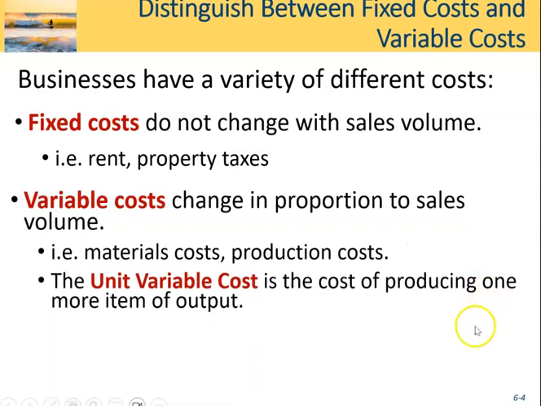Whereas variable costs change in proportion to sales volume. So production costs, material costs. Again, if I either make or buy the highlighters that we're selling, every time I sell a highlighter, then however much it cost us to buy that highlighter would be the variable cost that gets posted.